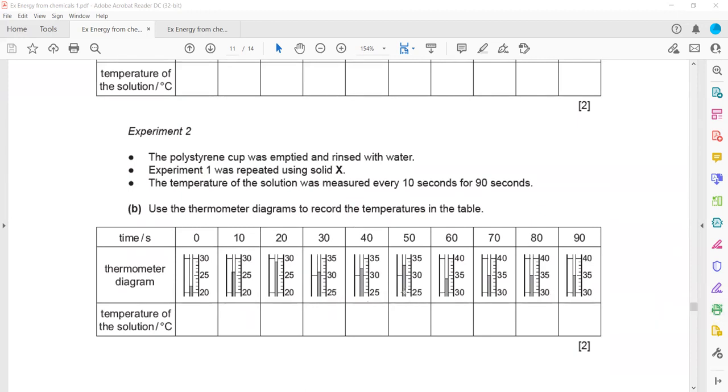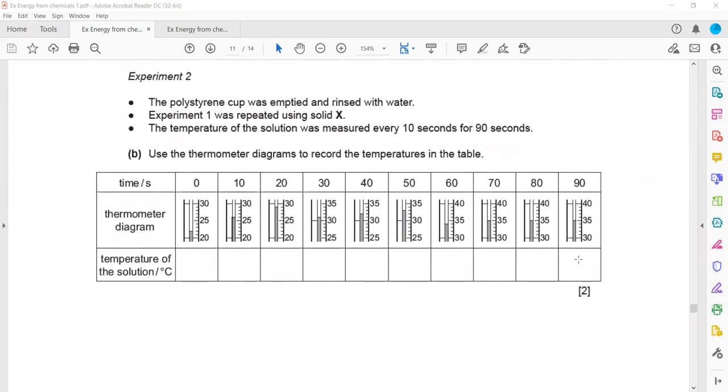What about this result? You can use screen annotation to complete the table, the values for temperature.